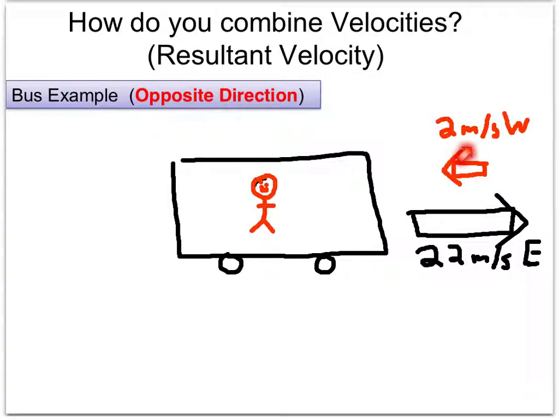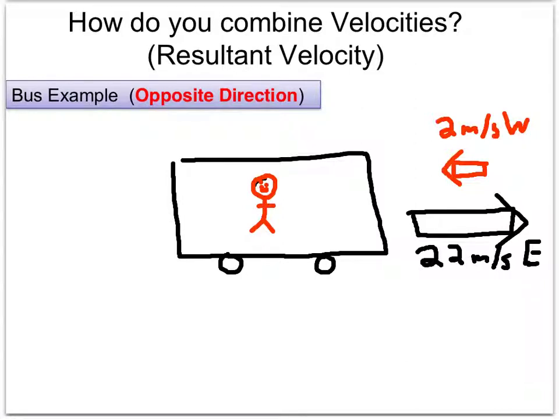So this time he's going this direction on the bus, but the bus is going this direction. Well, again, the bus's speed is being compared to the ground, and his speed is being compared to the bus or to a person sitting on the bus. So he's actually walking 2 meters per second in this direction.